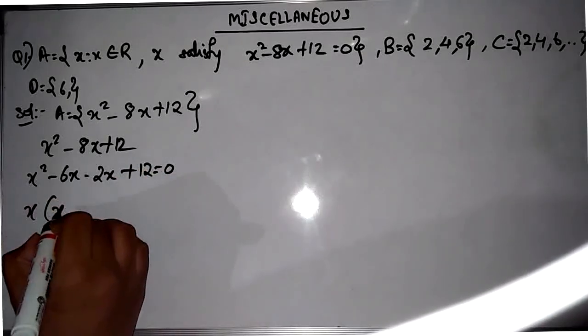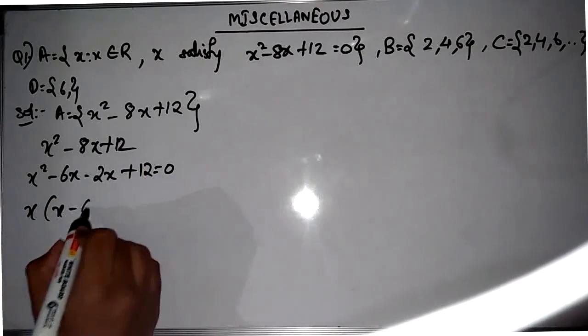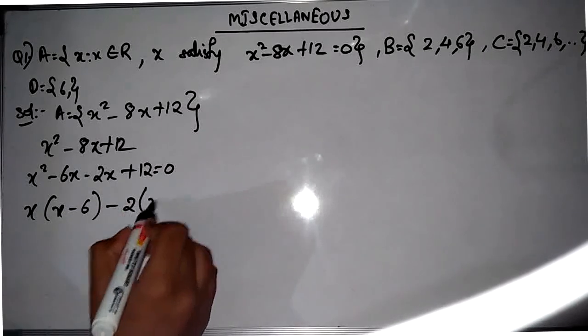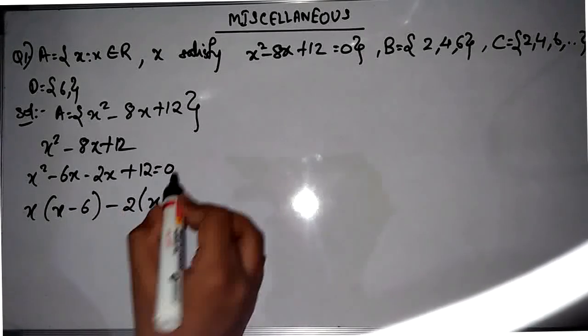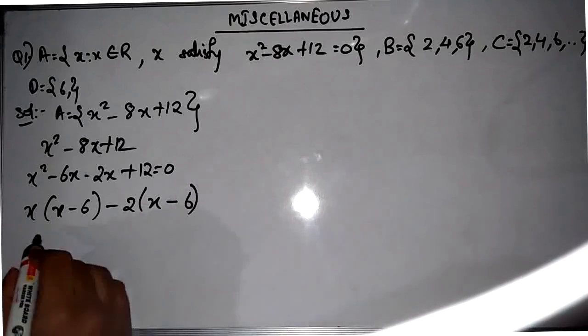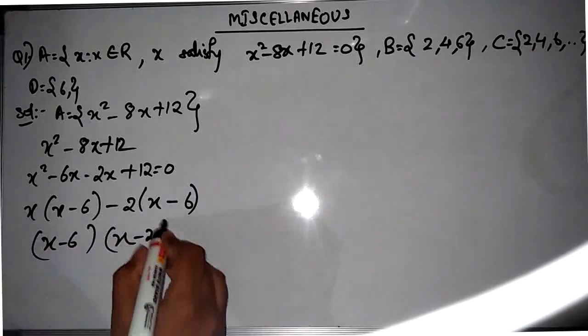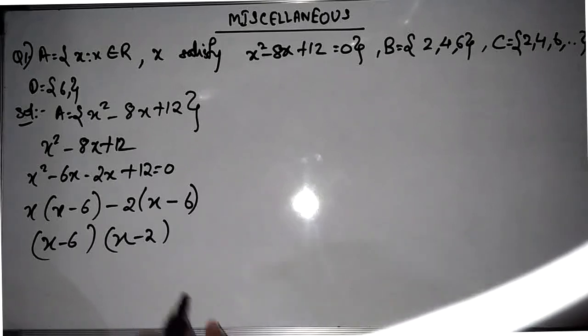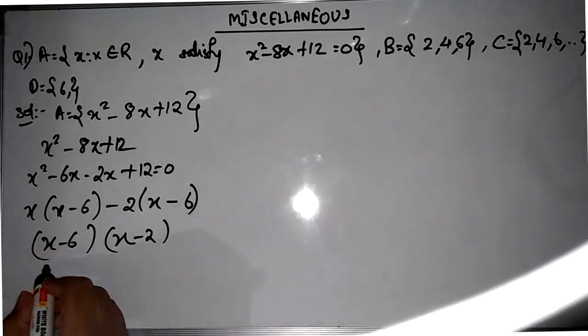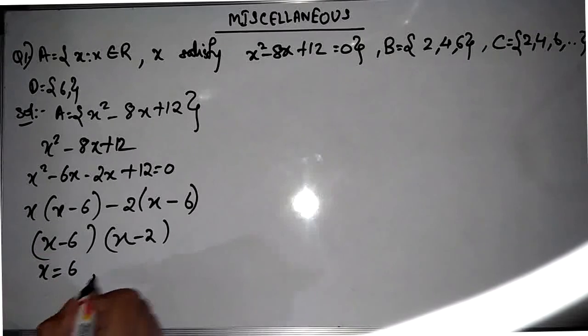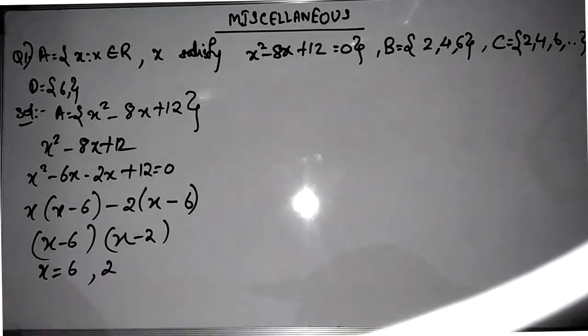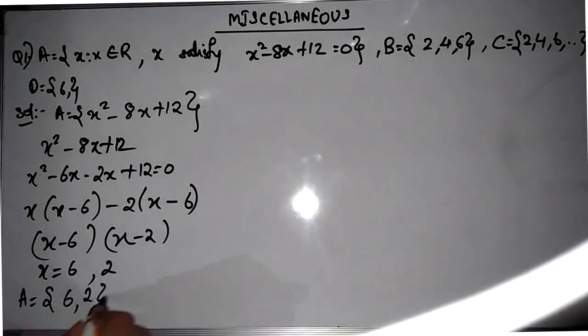Take common: x into x minus 6, minus 2 into x minus 6, so x minus 6 and x minus 2. So we got the two values of x, that is 6 and 2. So set A consists of two elements, 6 and 2.